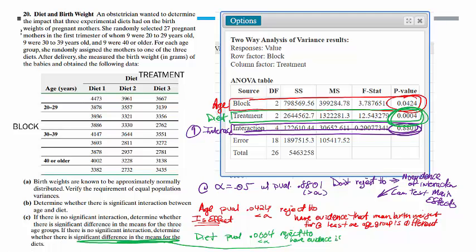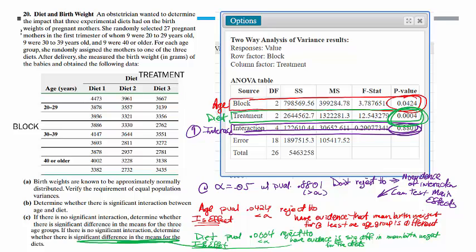We have evidence that there is a significant difference in the mean birth weight. I added that word in there. I always like to remind myself what my response variable is. There is a difference in the mean birth weight for the diets. So there is a diet effect on birth weight. Right? So when the p-value is small, that means that particular explanatory variable does appear to have an effect on the mean value of your response variable.